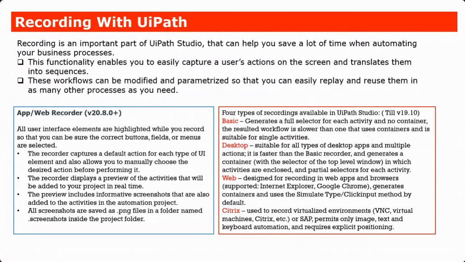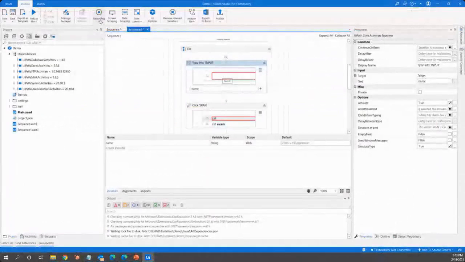All of these four are merged using AI and ML technologies, and now they call it app and web recorder. One web recorder can work with any type of application, right? So that's how it is different, but exactly they are doing it in the same way. So anytime that you need to record, you can come here and record the things that you do.